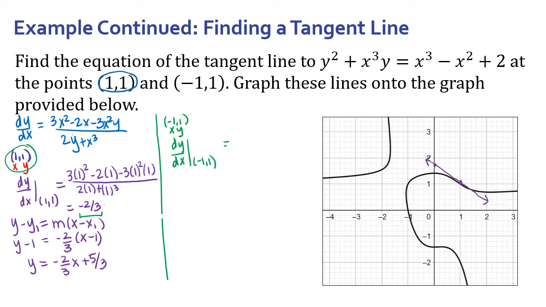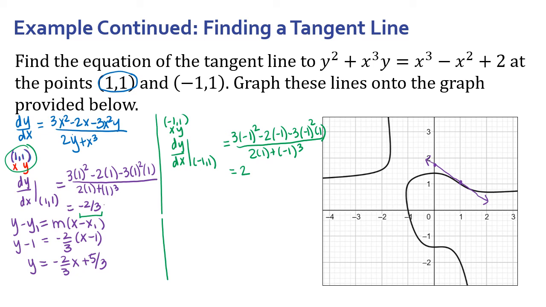So when I evaluate this, I get 3 times negative 1 squared minus 2 times negative 1 minus 3 times negative 1 squared times positive 1, all over 2 times 1 plus negative 1 cubed. When I simplify this, I'm going to end up getting 2. So the slope of the tangent line at negative 1, 1 is 2.